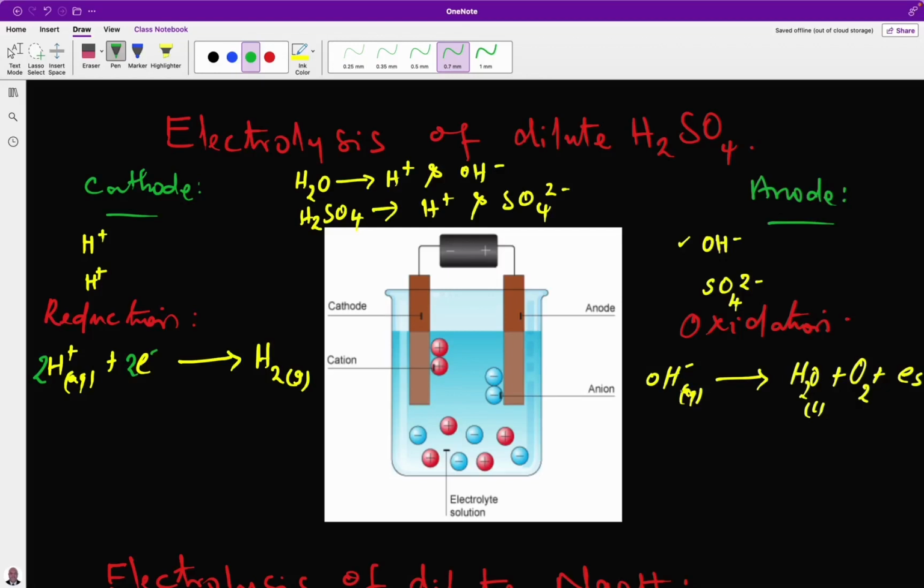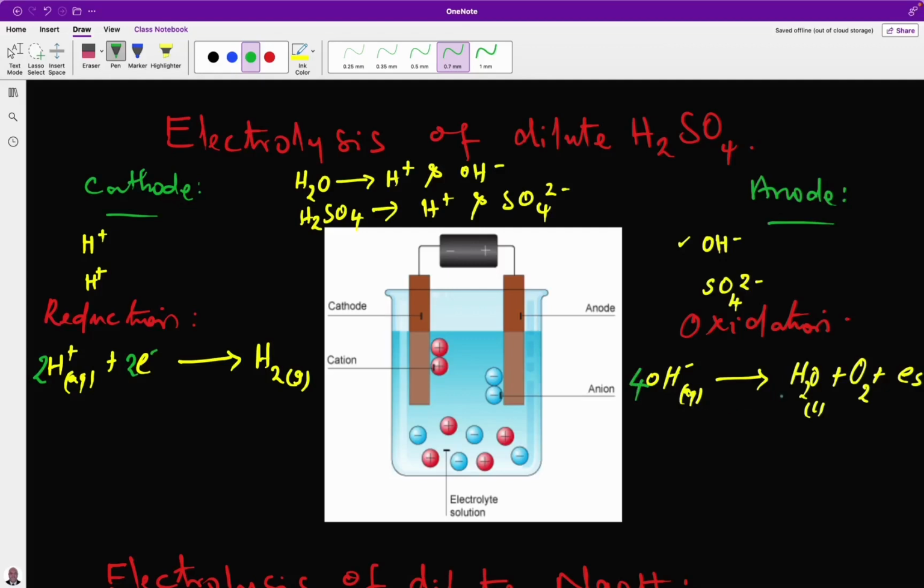Here we have oxygen. We put a 2 here to balance the hydrogen. If we put a 2 here, it will not balance the OH, so we put a 4 here. If we put a 4 there, it will balance the OH.